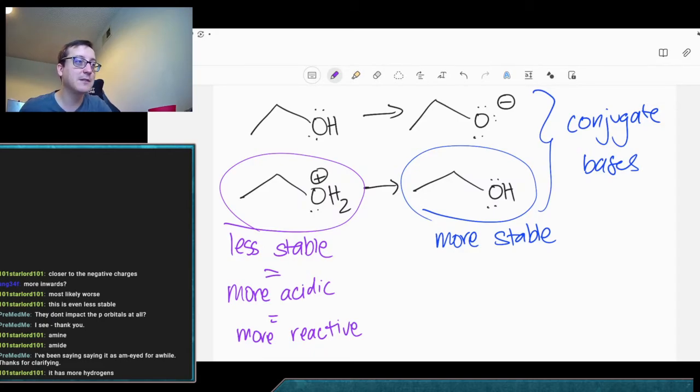However, if this, I don't even know what to call it, this ethanol that's protonated loses a proton, it becomes ethanol, neutral, stable. So as a result, we see that this protonated form is a stronger acid than the regular neutral form.